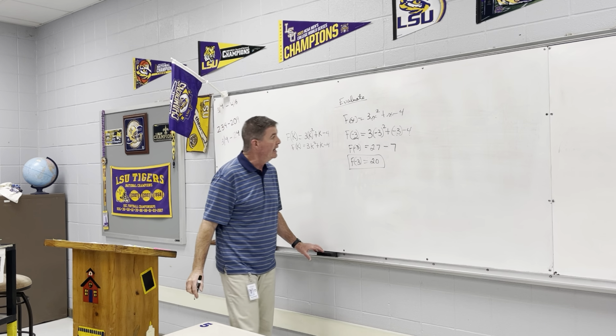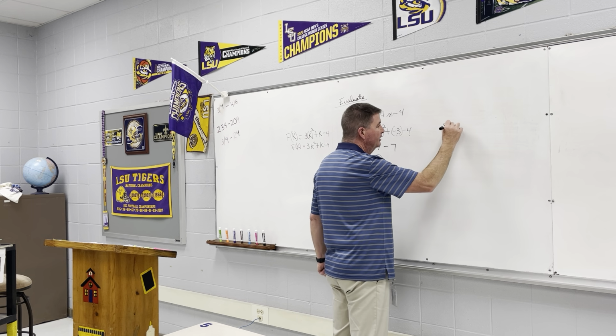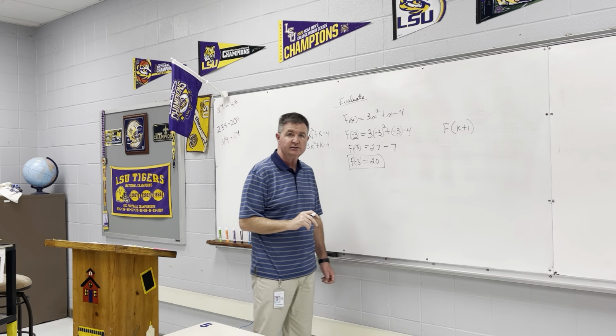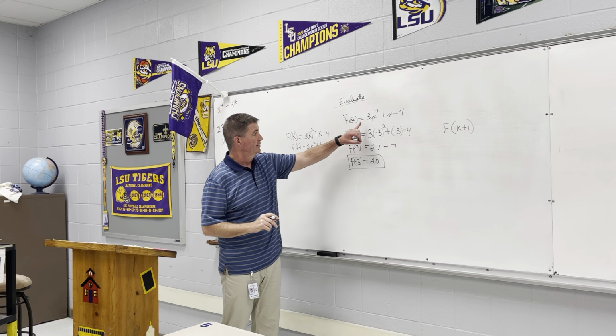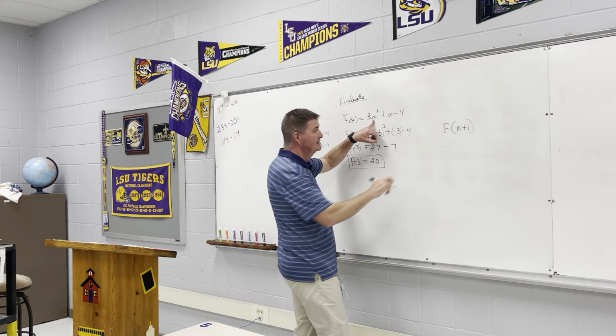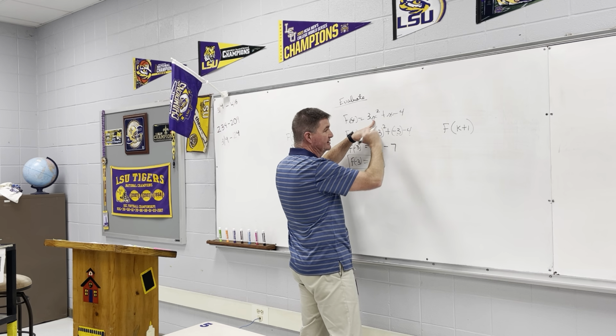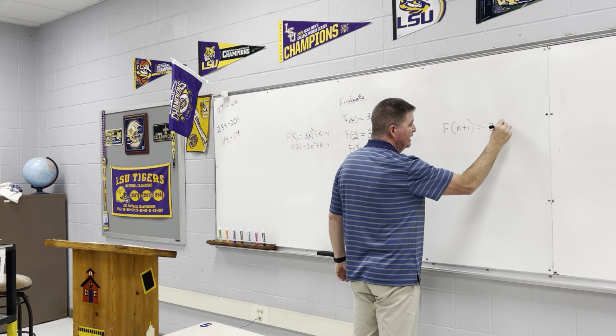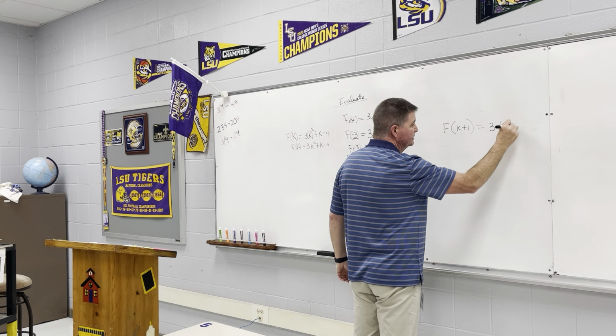But we could have find f of k plus 1. F of k plus 1. Again, we plug, in this case, k plus 1 in for the x's. So that would be 3 times k plus 1 squared plus k plus 1 minus 4.